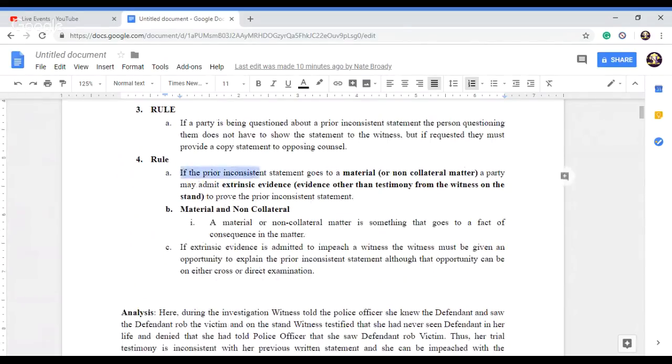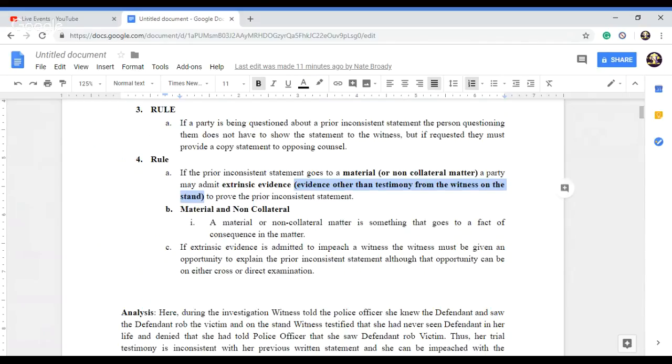If the prior inconsistent statement goes to a material or non-collateral matter, a party may admit extrinsic evidence, other than the testimony of the witness on the stand, to prove the prior inconsistent statement. Now, there's an issue here I should note. Here, extrinsic evidence is in parentheses, but this is actually defining what extrinsic evidence is.